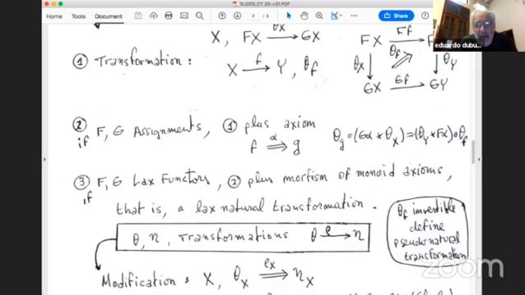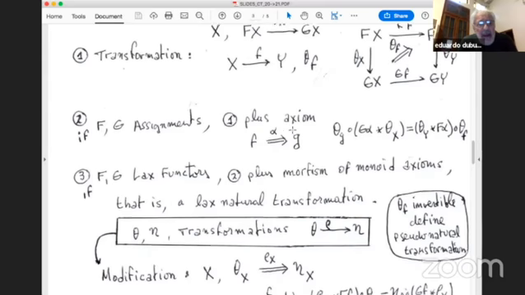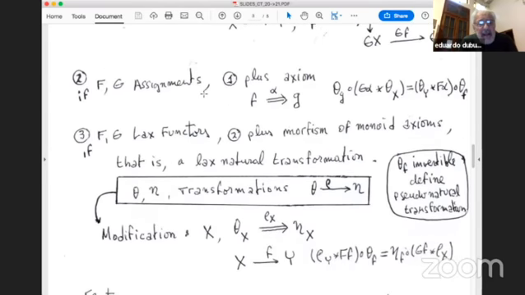This action we see here is just one of the actions of a pseudo-natural transformation. Now, if the assignments are lax functors, meaning that they also have the monoid structure, then we ask the transformation to satisfy the morphism of monoid actions, and we arrive at the notion of lax natural transformation between lax functors.